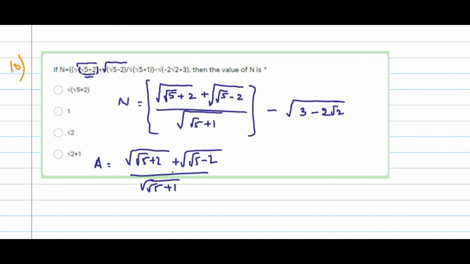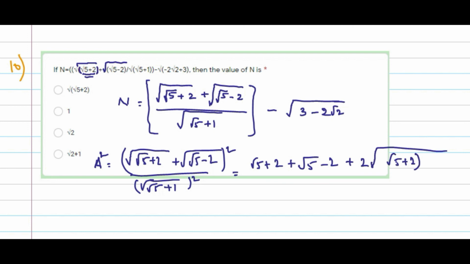Let me square on both sides, so it will be a square equal to root 5 plus 2 plus root 5 minus 2 plus 2ab, that is 2 times the square root of root 5 plus 2 into root 5 minus 2, divided by, again the same thing, the square root is on both, so this and this will get cancelled. It will be root 5 plus 1 only.